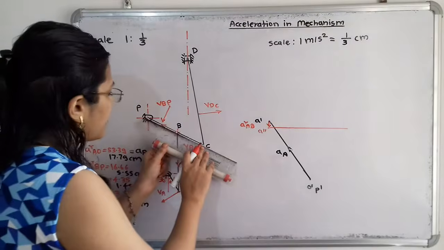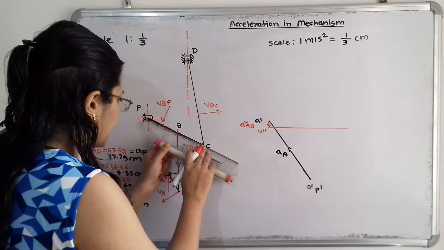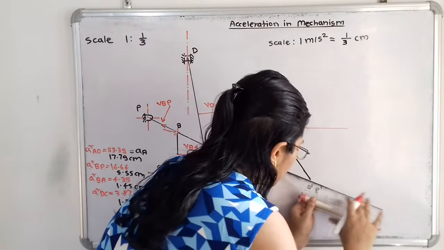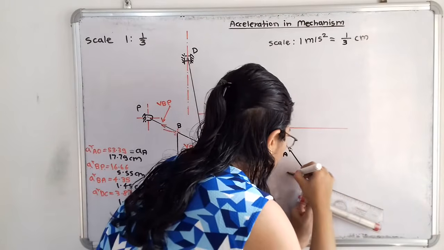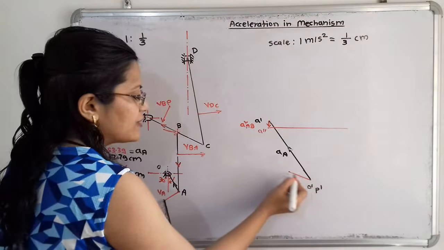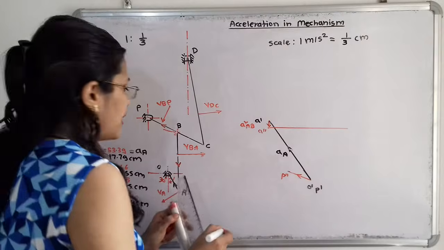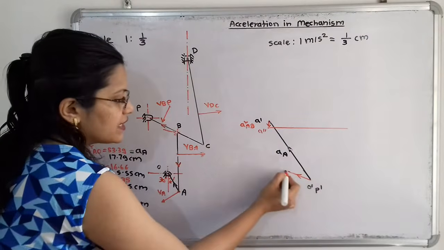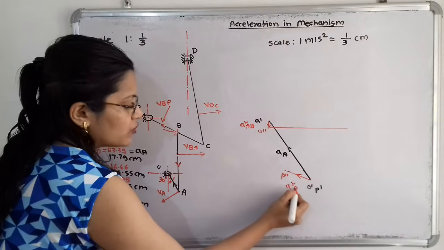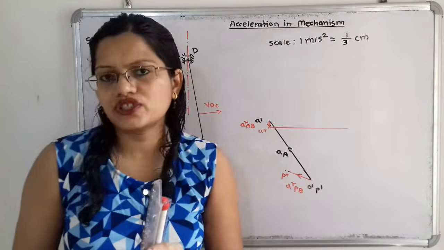So I will take the line parallel to this PB with the scale, that is 5.6 centimeter, and draw one line, from P dash to P double dash. I will show the direction also, and this vector P dash to P double dash indicates the radial component of link PB.